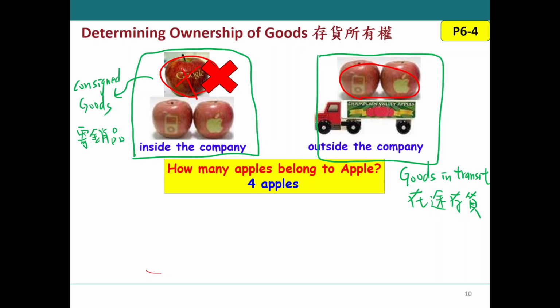Okay, so you should be careful. Where it is is not important. You have to figure out whether it's yours or not. So who has the ownership, 所有权? Who owns it is the most important thing.